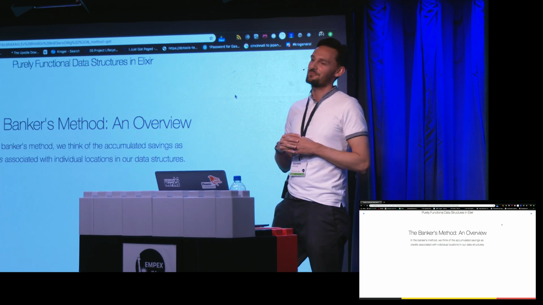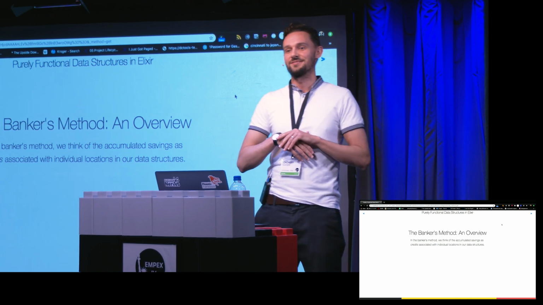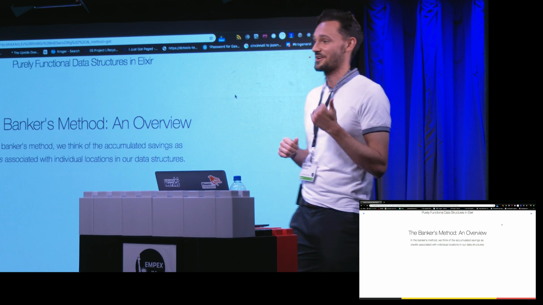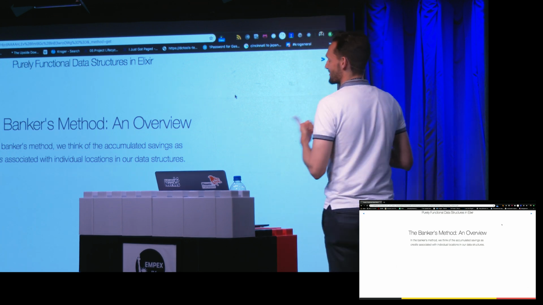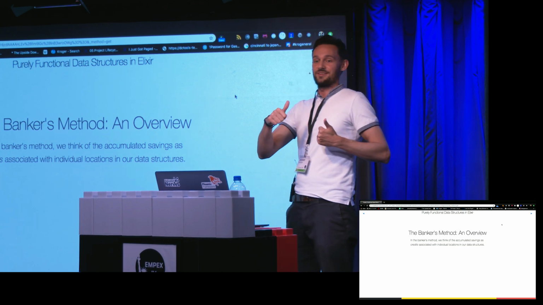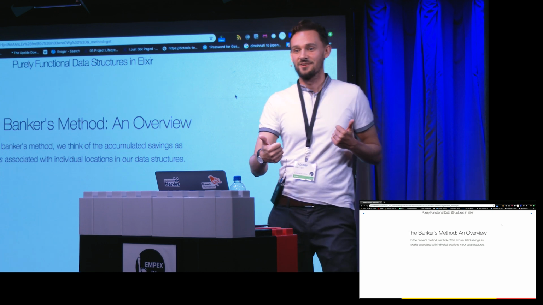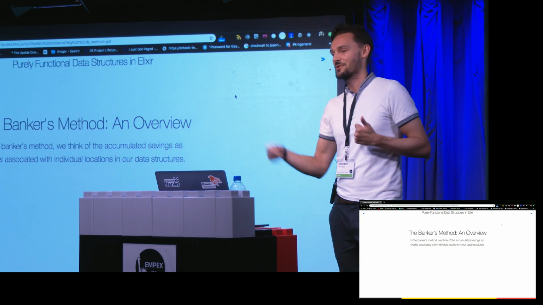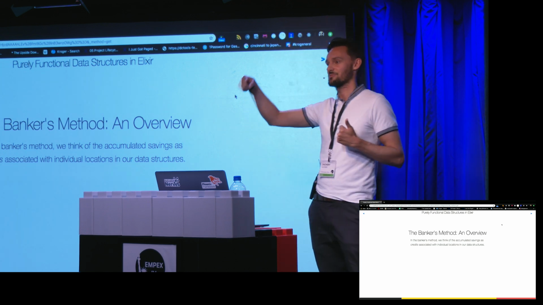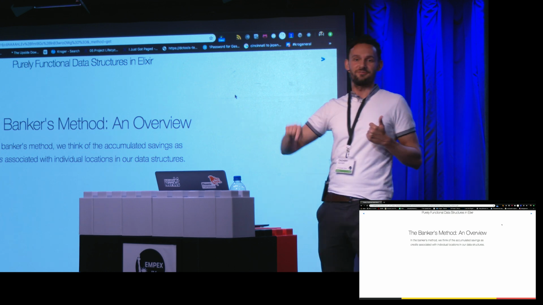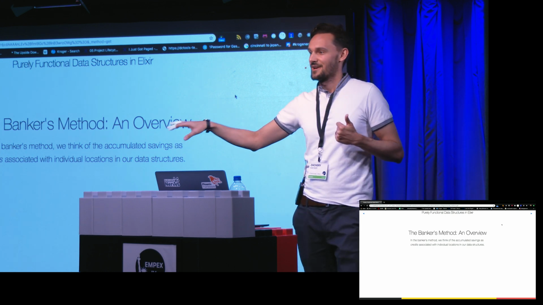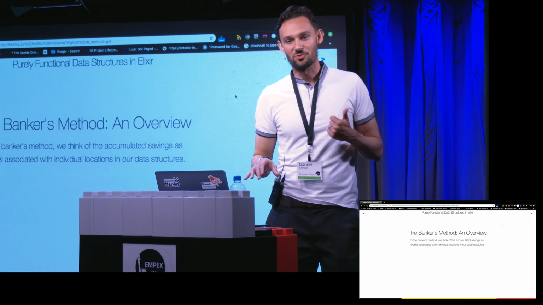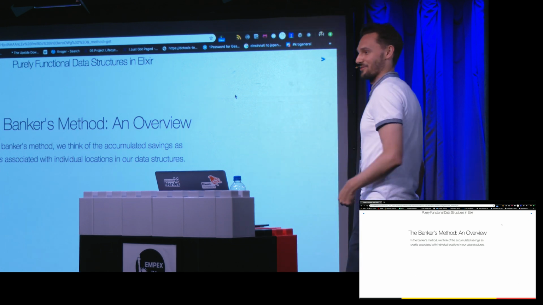But essentially what I want you to think about here is, in the context of strict evaluation, you're building up savings. But in the context of lazy evaluation, you're creating a lot of work as you're building up your data structures that you're deferring to a later time. And so in that context, you're doing something more like creating debt for yourself, right?